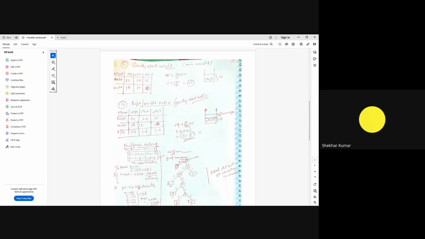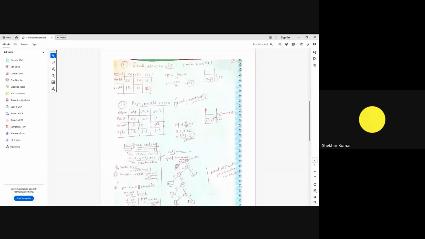In case 3, we calculate the ratio of profit and weight, and accordingly select the items; the item with the highest ratio is selected first. So that is your best case, the greedy approach.